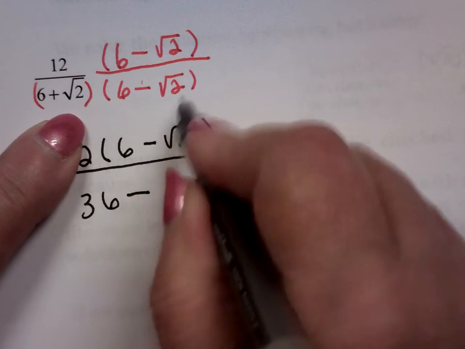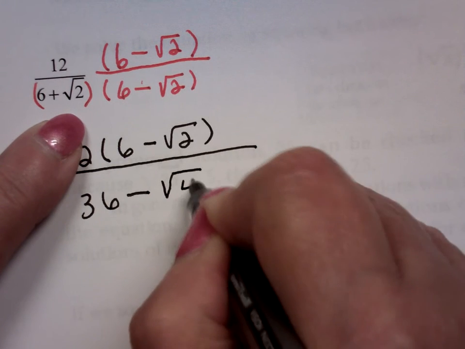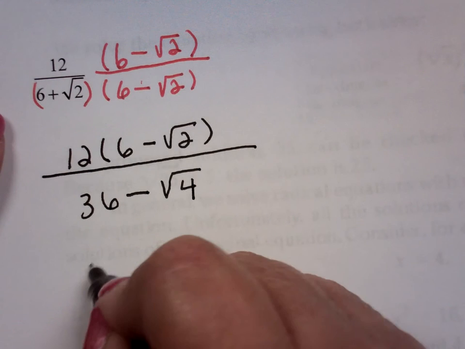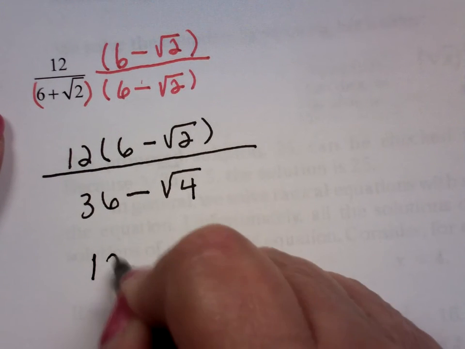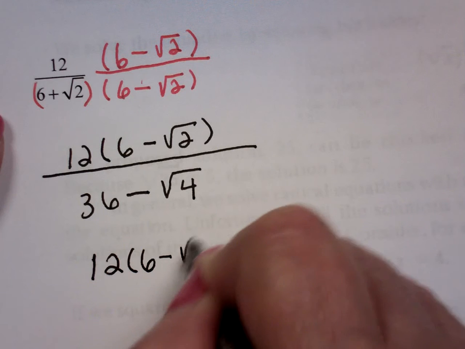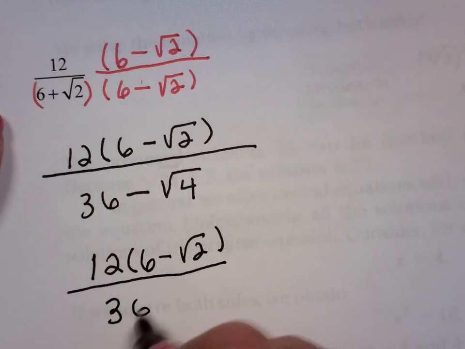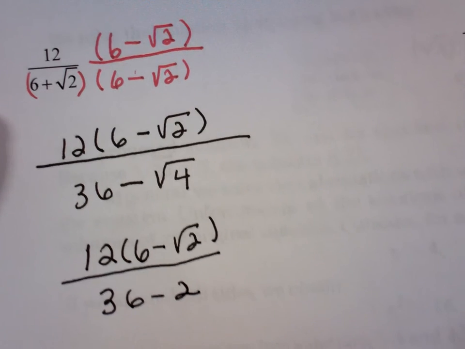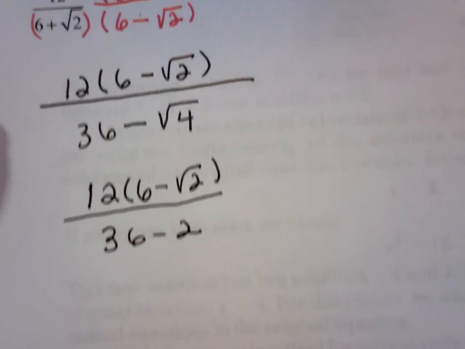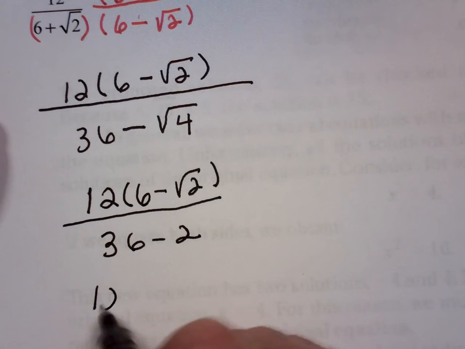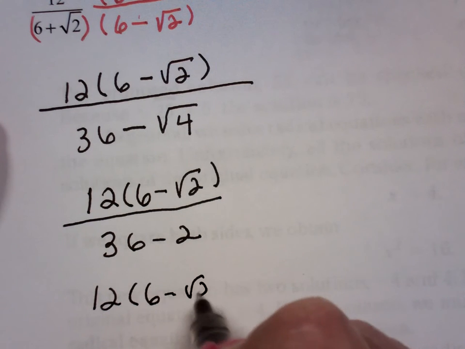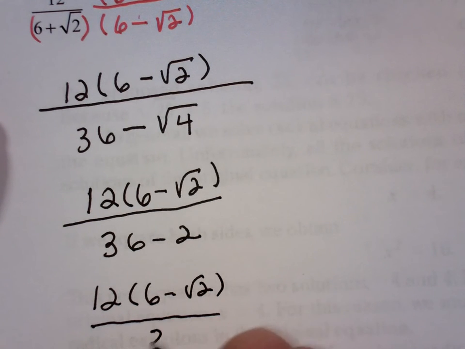Minus square root of 2 times square root of 2 is the square root of 4. So I'll have 12 times 6 minus the square root of 2 divided by 36 minus 2, which will be 12 times 6 minus the square root of 2 over 36 minus 2, which is 34.